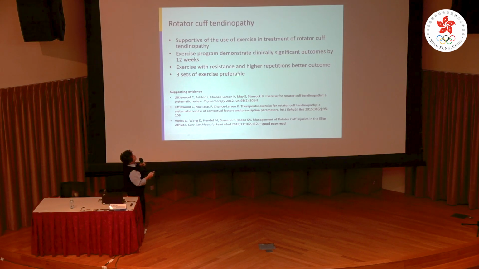Generally, they will see some clinically significant outcomes by 12 weeks. Exercise is usually suggested with resistance, high repetitions, and around 3 sets. For physio students, if you're interested, you can look at this particular study. It's quite a good one to read, a good, easy read.